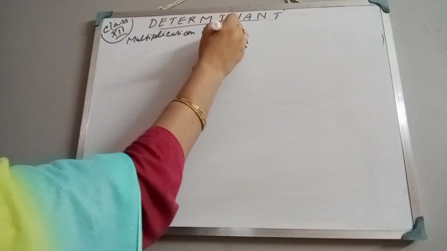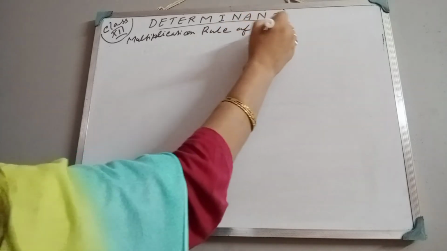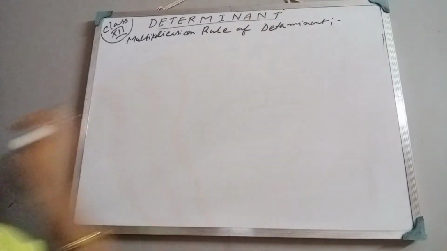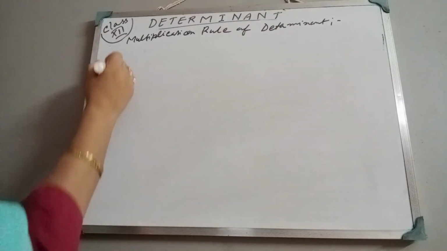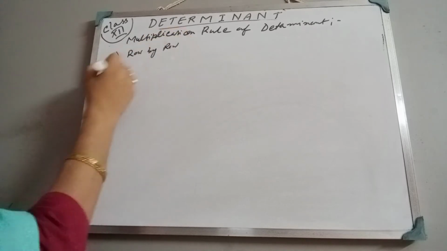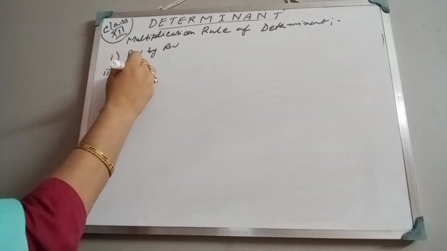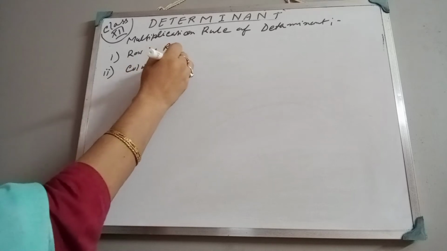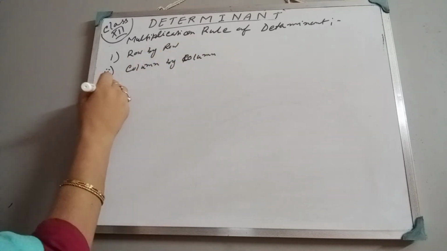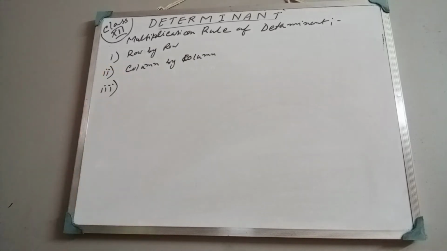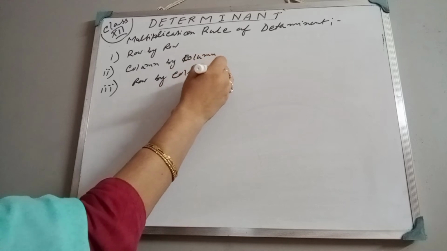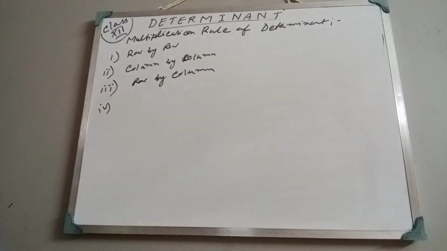We can multiply row by row, or we can multiply column by column, or we can multiply row by column, or we can multiply column by row.